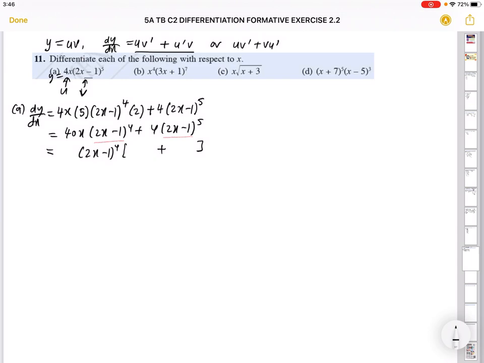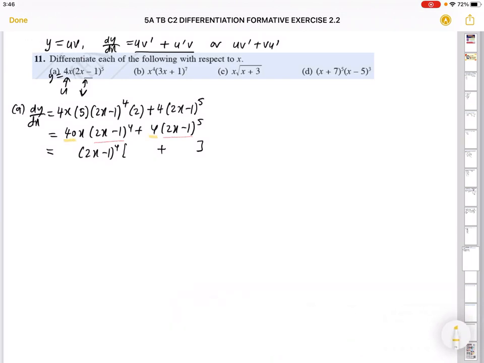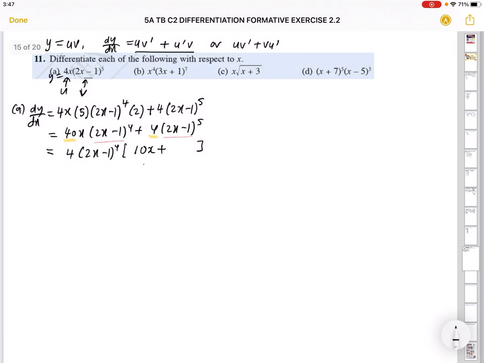The second one, I can take out between 40 and 4, we can take out 4. Always take out the smaller one. So once you've taken out 4, now remember, factorization is like dividing. So when you take 40 divided by 4, you're left with 10, right? And I still have an x there. For the second term, I've taken out 4, I've taken out (2x minus 1) power 4, left with (2x minus 1) power 1.